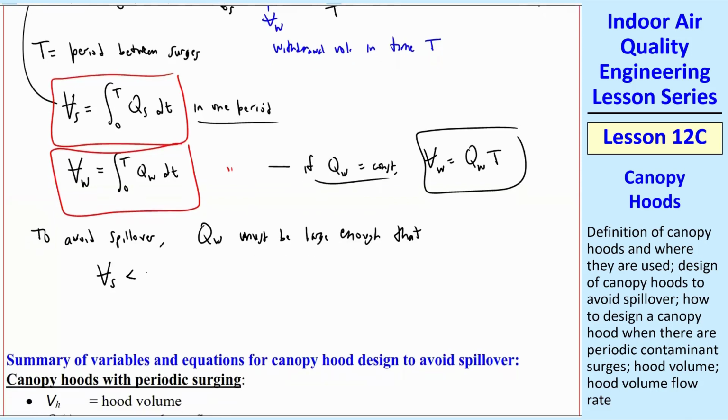VS is less than VH, and VS is less than VW. We're saying that the total volume of smoke or fumes, whatever's produced by this source in one surge, one period, is less than the hood volume, and the withdrawal volume, the amount of air that's withdrawn by the hood in that same time period.